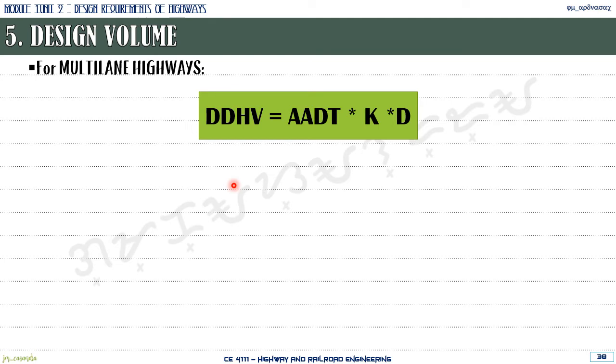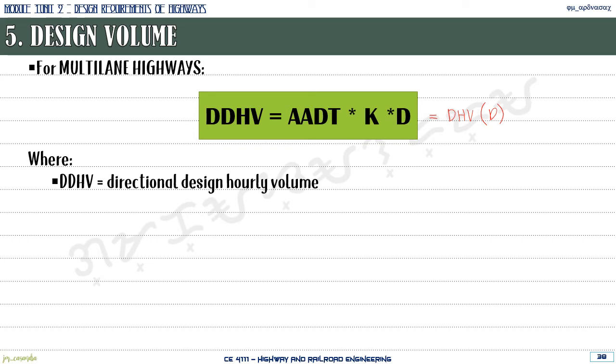So if you are going to notice, the equation for DDHV can be written as AADT times K, which is our DHV, multiplied by the factor D. So for this equation, DDHV is what we call your directional design hourly volume, which is the volume of traffic considered or measured for the direction of lane that will be contributing more to the traffic.